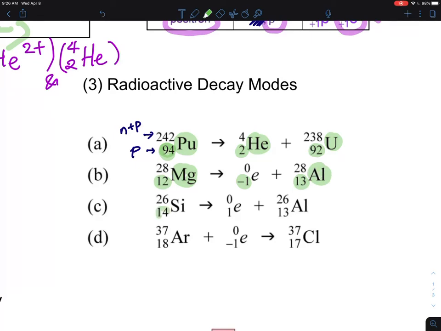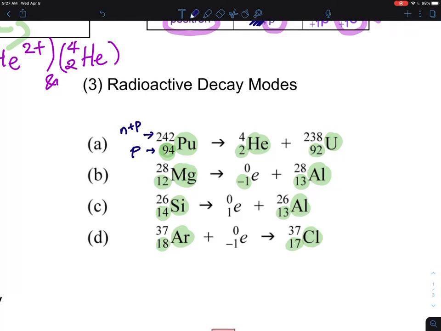So you can find this based on the information from the periodic table. You can follow this notation.